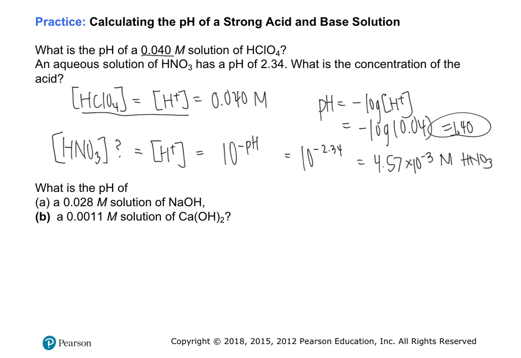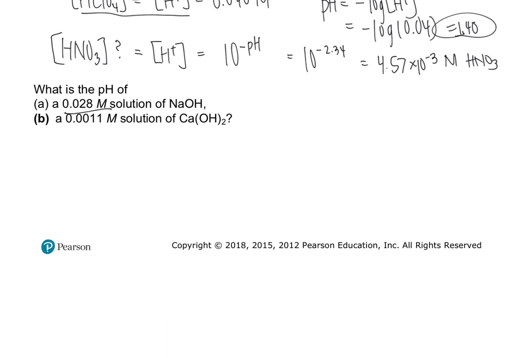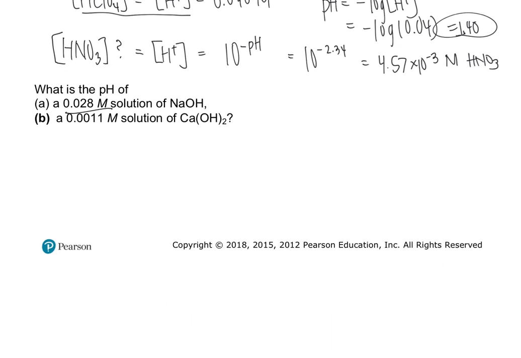Right. So the pH of a 0.028 molar sodium hydroxide. Sodium hydroxide only has 1 hydroxide. So the concentration of sodium hydroxide is going to be equal to the concentration of hydroxide, so that is equal to 0.028 molar. If I want to know the pH, first I'm going to find the pOH.